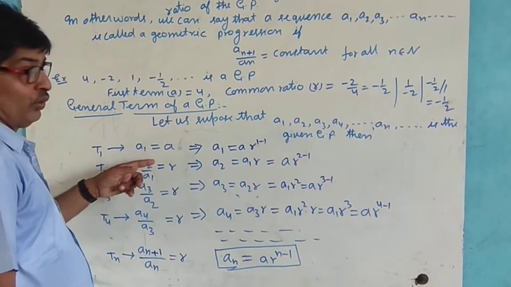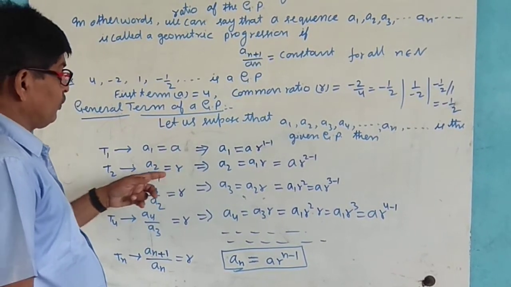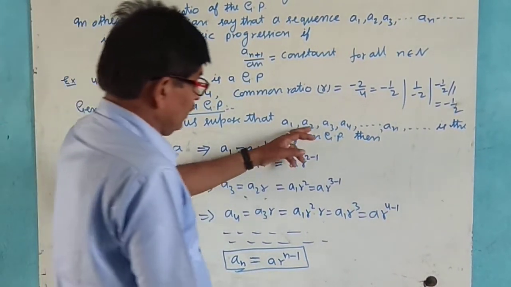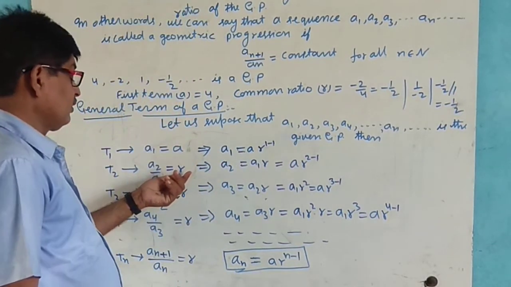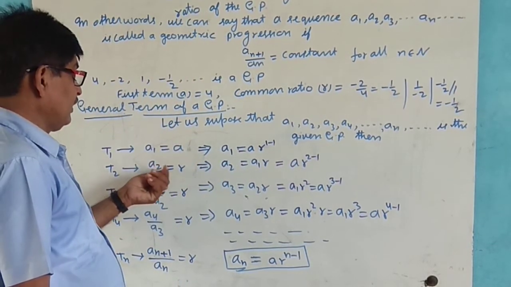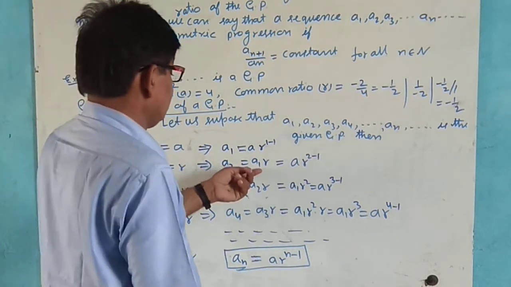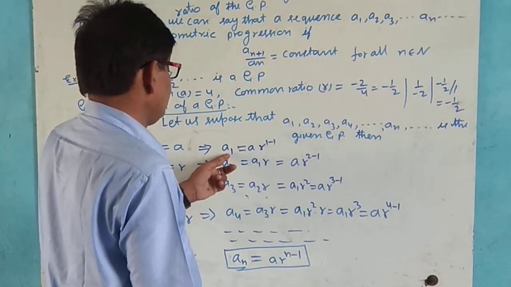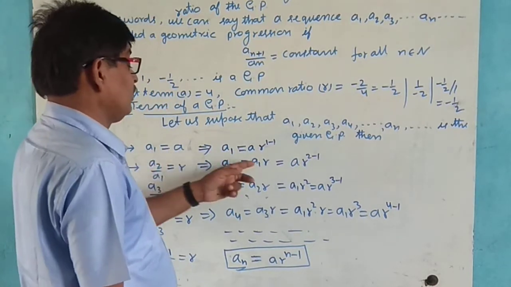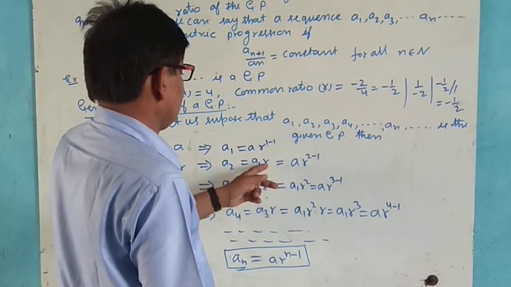Here the common ratio is the same in the geometric progression, so A2 by A1 is R. It means that A2 is equal to A1 R, and A1 is equal to A.